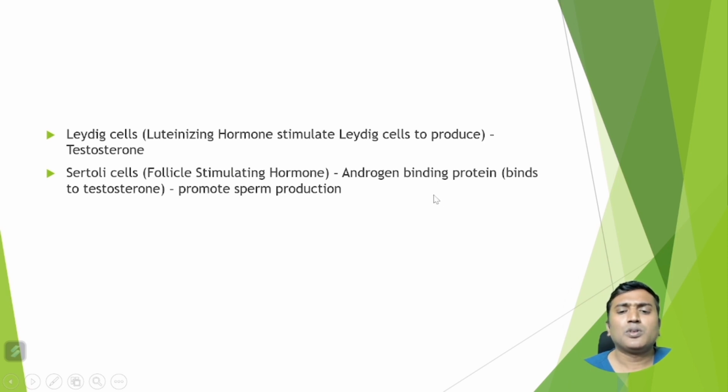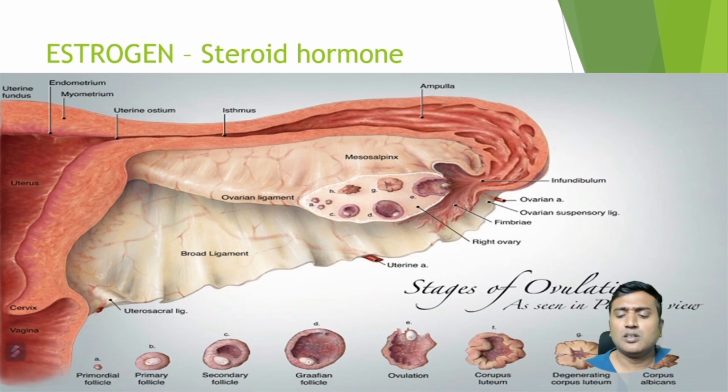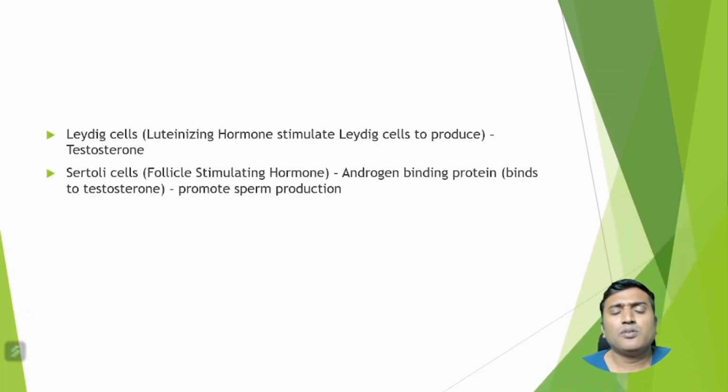These binding proteins bind to testosterone and finally promote sperm production in males. In patients with low secretion of testosterone, the doctors can prescribe synthetic steroids, which will give the desired effect on the patient.